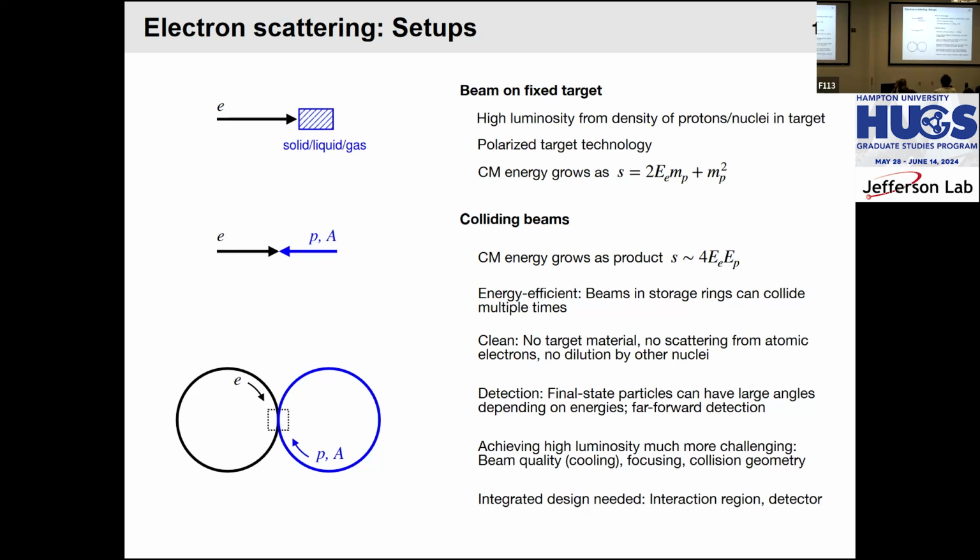Another very interesting aspect of colliding beam experiments is that you can do what is called far forward detection. That means if you have particles in the proton or ion beam that receive only a small momentum transfer, for example a nuclear remnant in a nuclear breakup process, or a proton in some exclusive process, these particles move along the outgoing ion beam direction, and they can be detected with so-called far forward detectors.